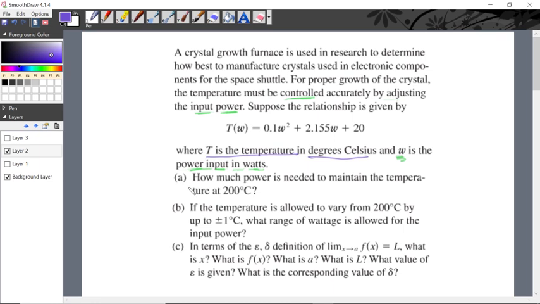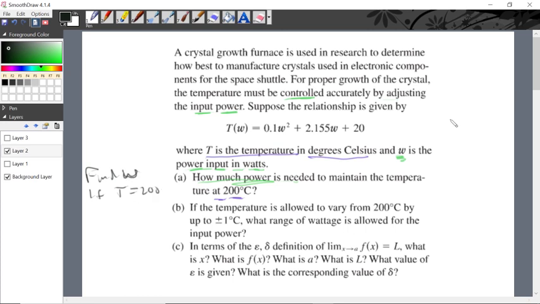So question A is, how much power is needed to maintain the temperature at 200 degrees Celsius? If we want it exactly 200 degrees Celsius, it's asking us how much power would be needed. In other words, find W if T equals 200.